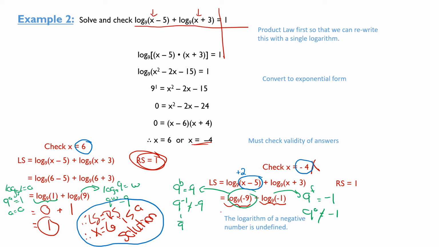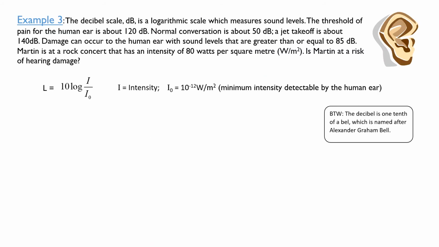So let's get some applications of this and do a few word problems. Example 3. This is a common use of logs, the decibel scale. Hopefully you've heard of what decibels are before. Decibel, lower d, capital B, is a logarithmic scale. It measures sound levels. The threshold of pain for the human ear is about 120 decibels.